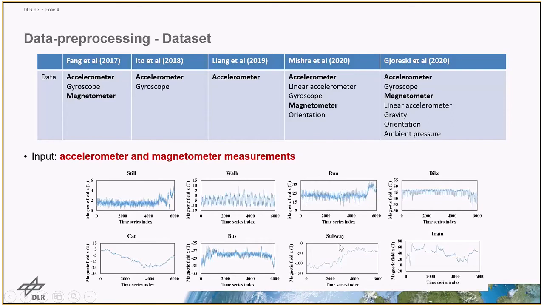The figures are examples of magnetic fields in the x-axis for different transportation modes, and we can see the figures of car, subway, and train are really very different from the other transportation modes.